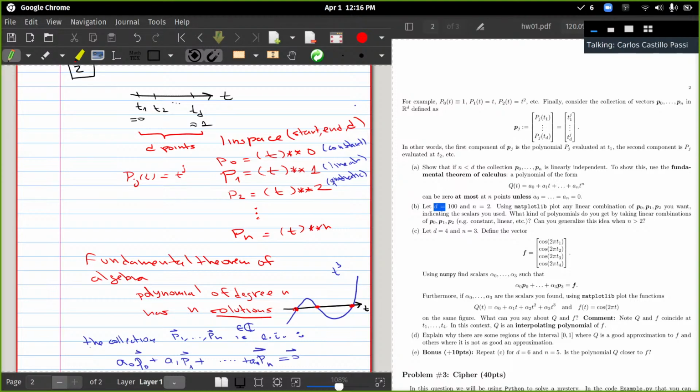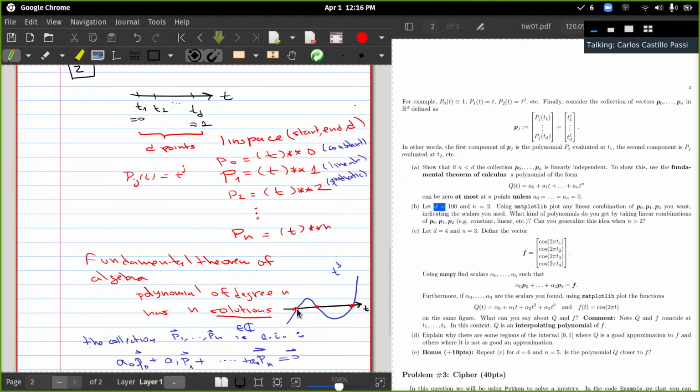So, depending on the coefficients that you use, the linear combination of P0, P1, and P2 will be quadratic if all the coefficients are different than 0. But if the coefficient that has P2 is equal to 0, it will be a linear polynomial. And if the last two coefficients are 0, it will be a constant polynomial.